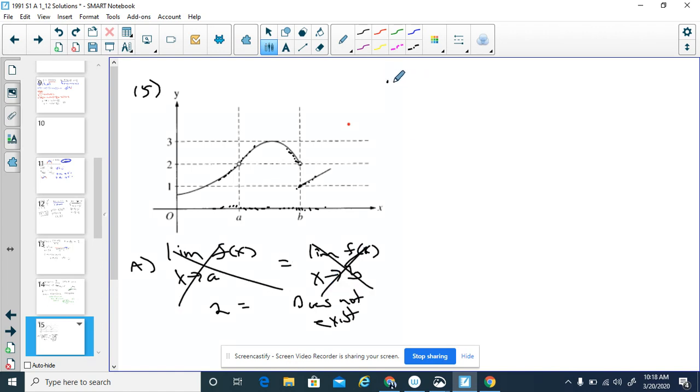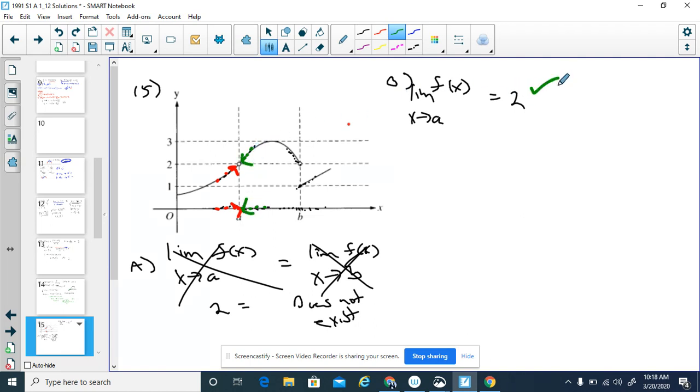All right, so let's go to choice B. Choice B says the limit of f of x as x goes to a is 2. Hopefully, as I do more of these, my handwriting and flow will get better. That is correct. Again, as x goes to a from the left, your corresponding functional values are getting close to 2, and as x goes to a from the right, your corresponding functional values are getting close to 2.